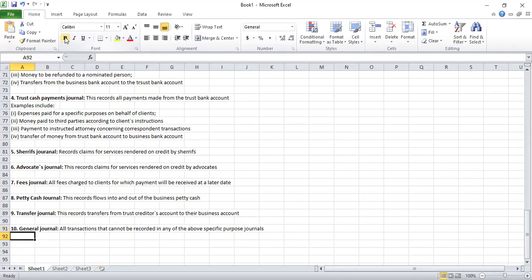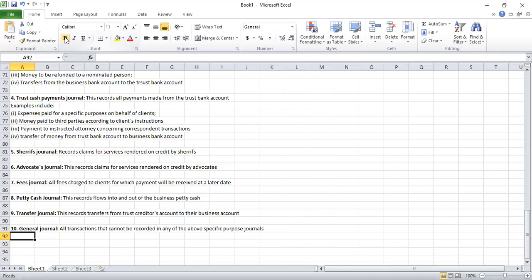All the above journals have a predetermined purpose, but the general journal does not have a predetermined purpose. So anything that does not fit in any of those other specific journals should be recorded in the general journal.